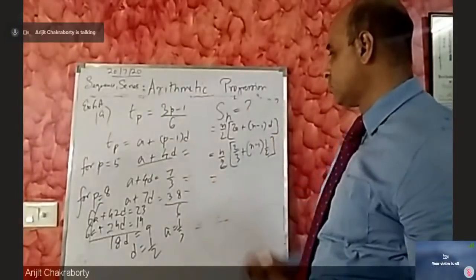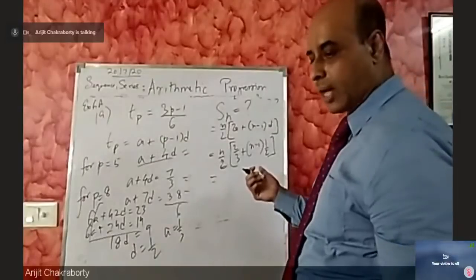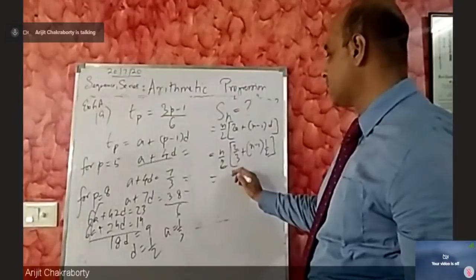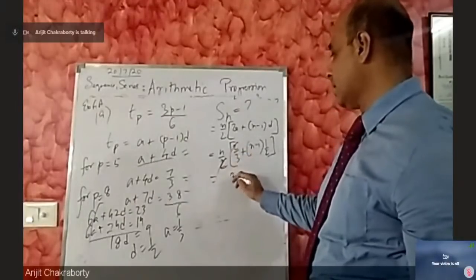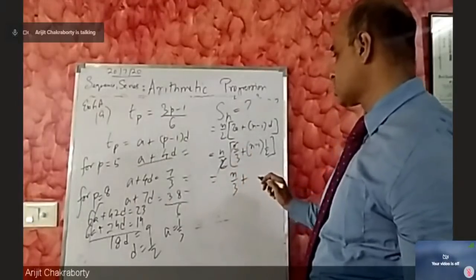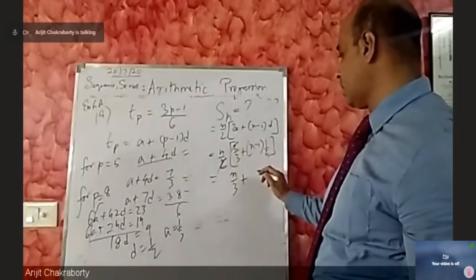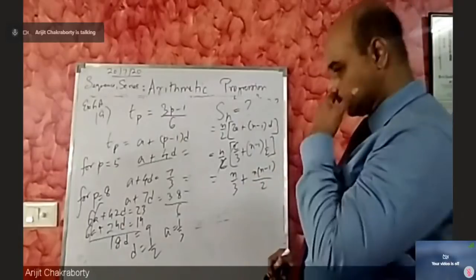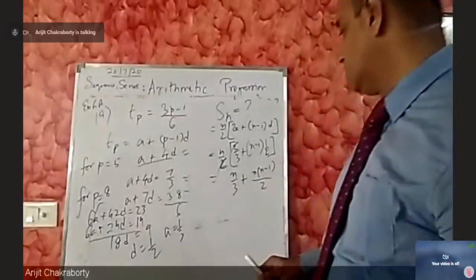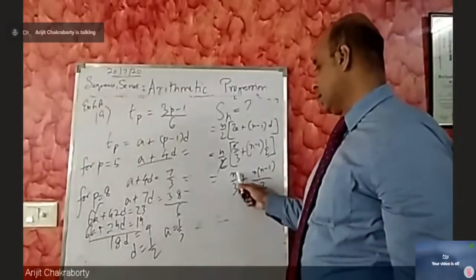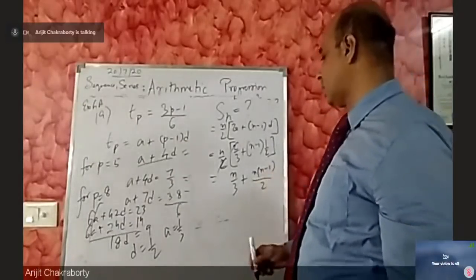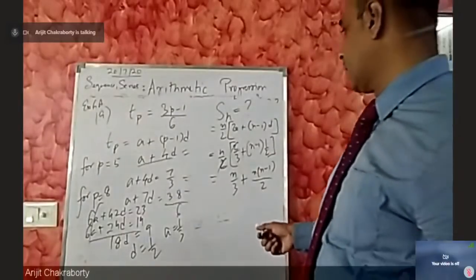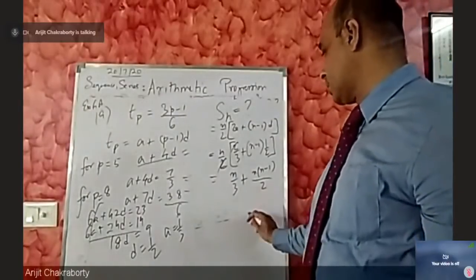So this becomes equal to, let's simplify this and see what happens. So the sum is, 2 cancels out, so it is n by 3 plus n into (n minus 1) by 2. If you simplify this further, we are getting 6.